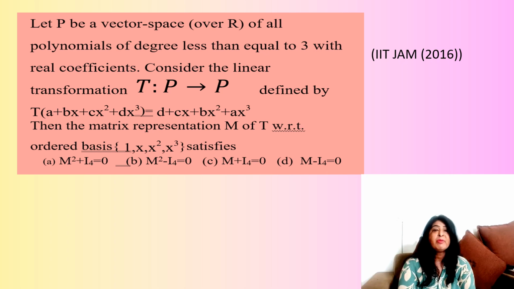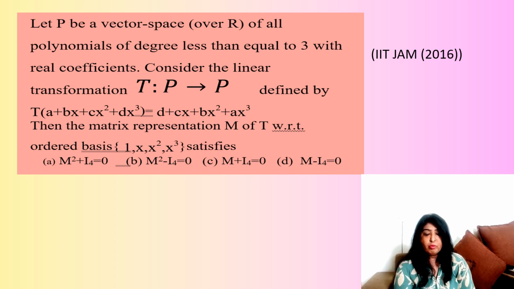Then the matrix representation M of T with respect to the ordered basis 1, x, x square, x cube satisfies one of these quantities. This question was asked in IIT JAM 2016.